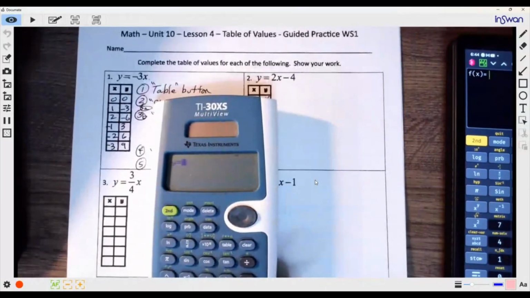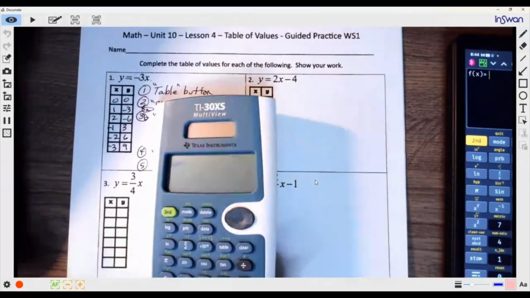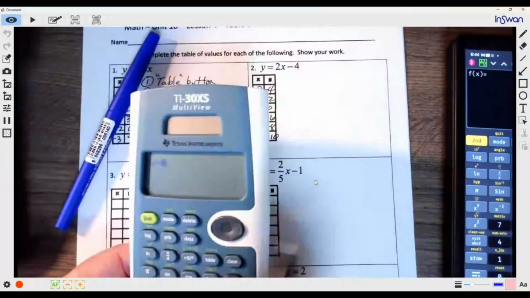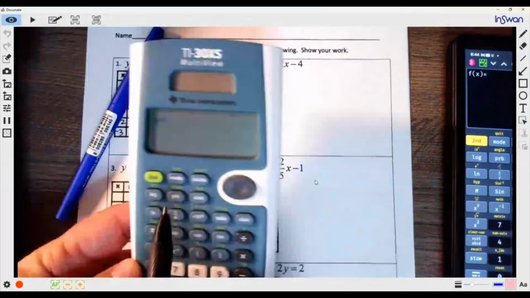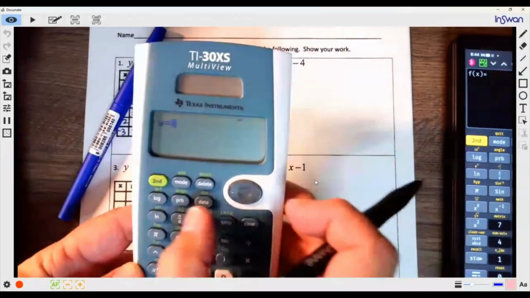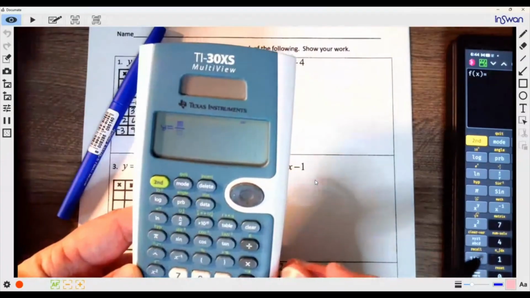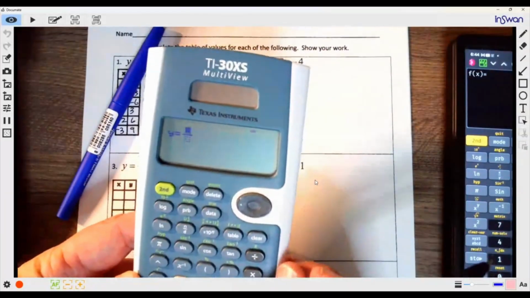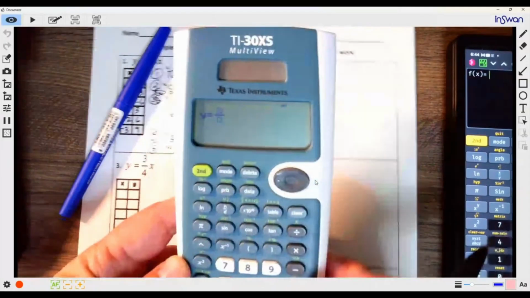But this is starting with a fraction. So if I hit the fraction key, n over d, you will see that it gives you what I call the fraction template. The box is blinking in the numerator. We need a 3.